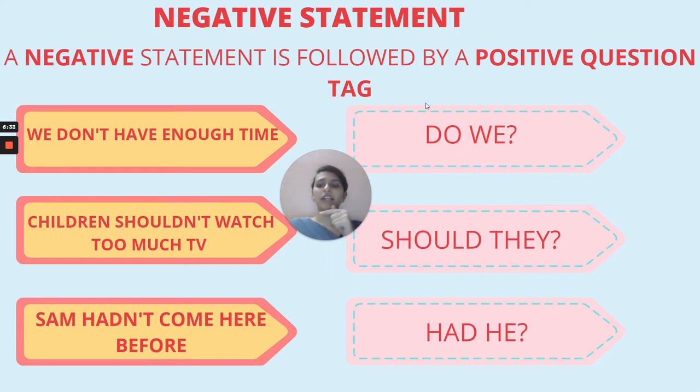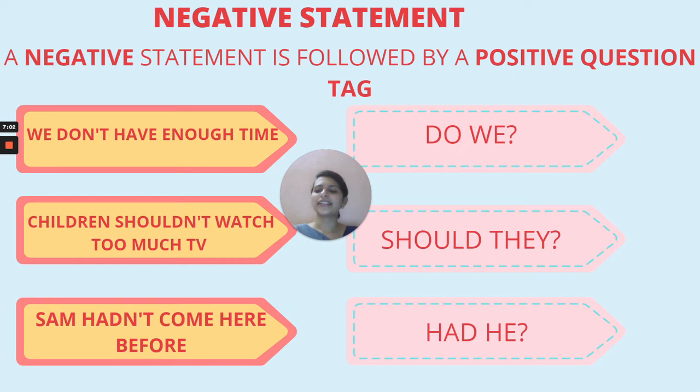Second one, children shouldn't watch much TV. That is a negative statement. Now your question tag will be, should they? Your question tag will be positive, because when you have a negative statement, you will have a positive question tag.